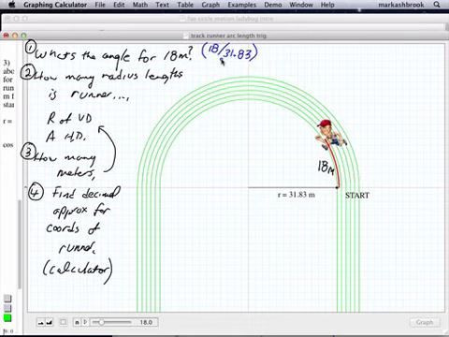Okay, so how many radius lengths is the runner to the right of the vertical diameter? How could we express that?